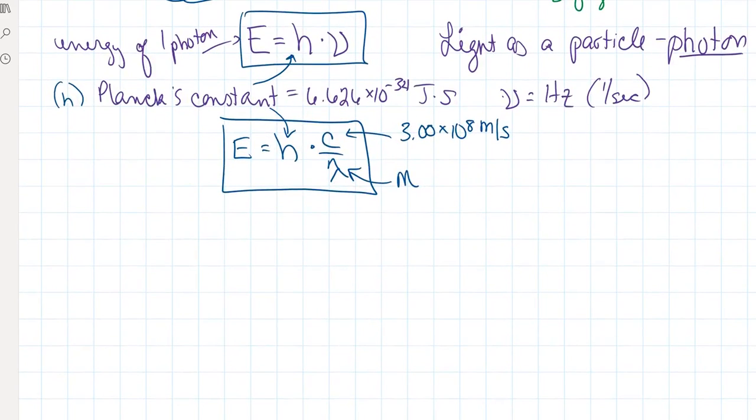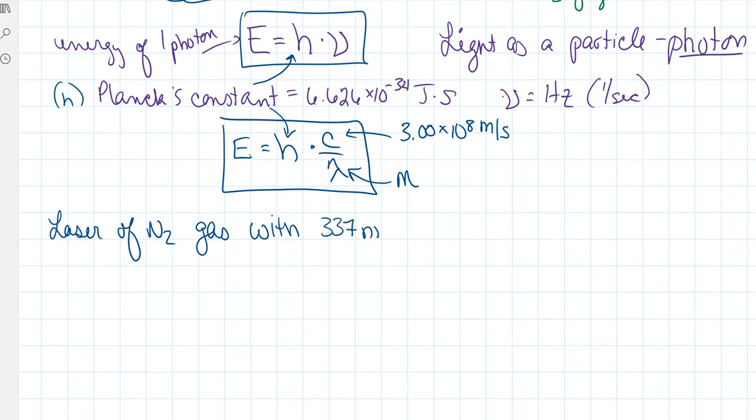A laser made from nitrogen gas with a wavelength of 337 nanometers contains 3.83 millijoules of energy in one pulse. How many photons are in that pulse?